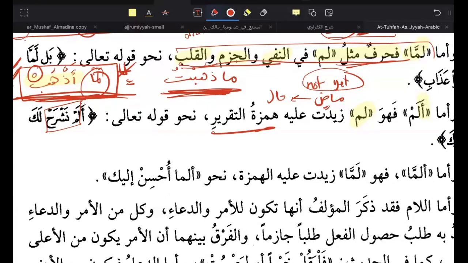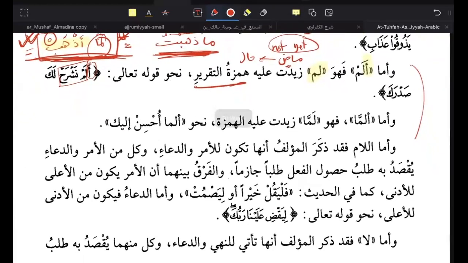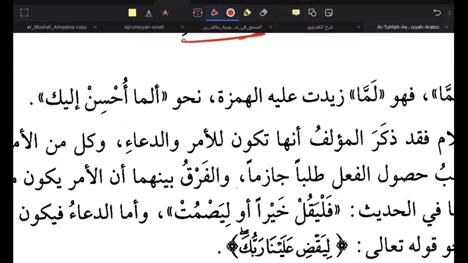But bringing the Hamzatul Istifham, Allah is saying, didn't we expand your chest? So the same thing goes for Lamma. It's the same thing as Lamma, but you have what? You have Hamzatul Istifham. So he said, Alamma uhsin ilayk. But remember, the rules are the same because we're still using Lamma, so it has to have a sukun, it has to be majzum, and all the other rules are there.